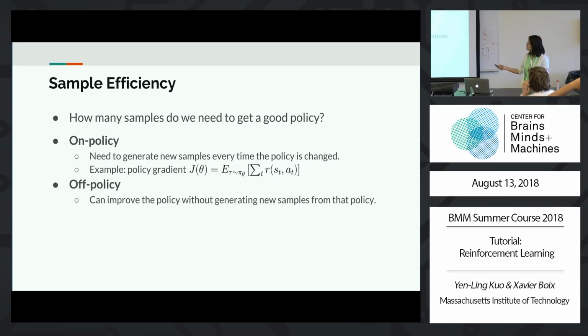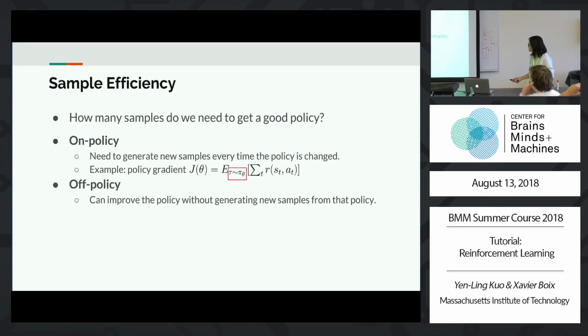So every time you need to generate new samples if you want to evaluate the policy. Off-policy is like when we want to build a model of the environment. You may just use whatever information you have, no matter if it's current or past, and use that to build a good transition model.